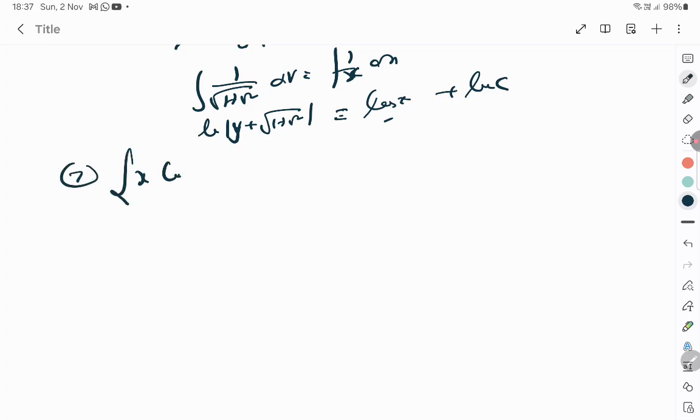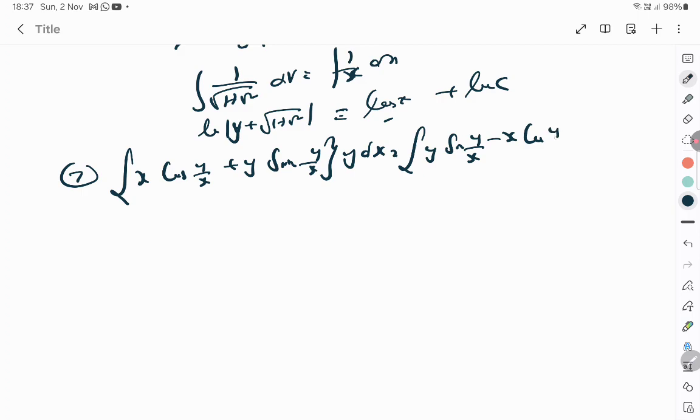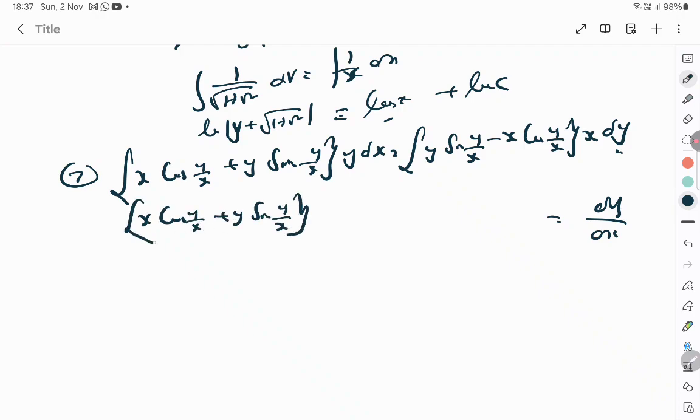So x into cos of y by x plus y into sin of y by x, the whole thing multiplied by y dx is equal to y into sin of y by x minus x into cos of y by x, the whole thing multiplied by x into dy. I'll put what is dy by dx, you should write. A dy is here by a dx, so this will come on this side, x into cos of y by x plus y into sin of y by x, the whole multiplied by y, by y into sin of y by x minus x into cos of y by x, the whole multiplied by an x.